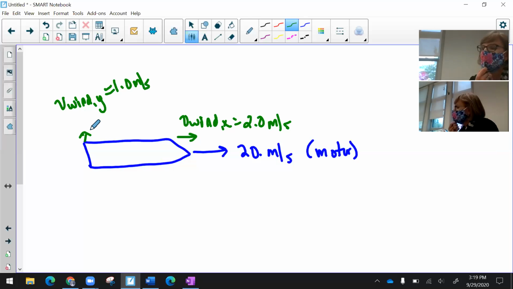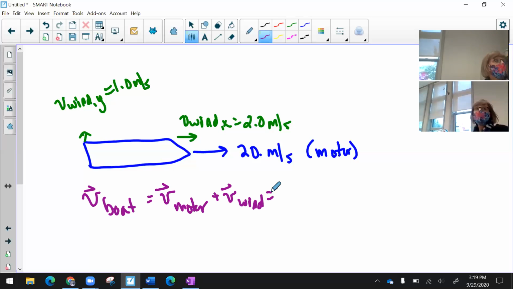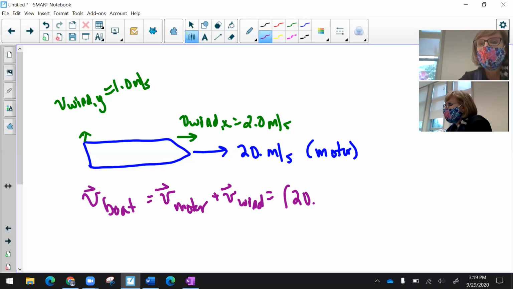So if what I really want to know is the velocity of the boat, which is going to be equal to whatever velocity the motor has given the boat plus the velocity of the wind, I can add things together by components. For the motor, I have 20 meters per second i.